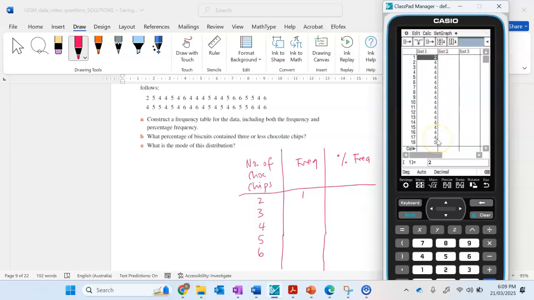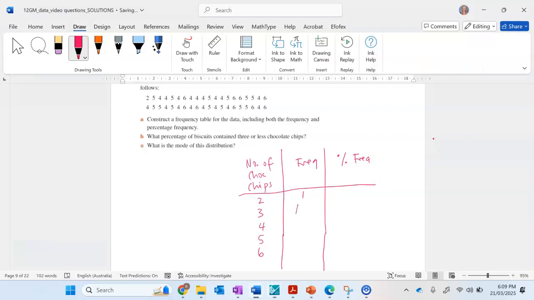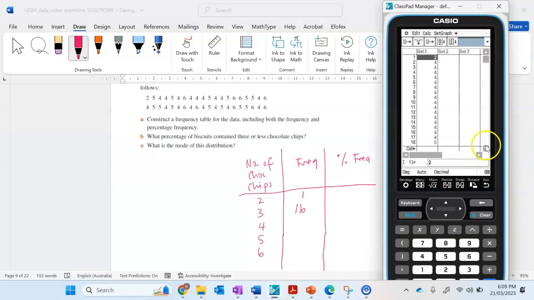So that means we're going to only have 16. And then we've got the 5s. All right, so we're going from 18 to 30.